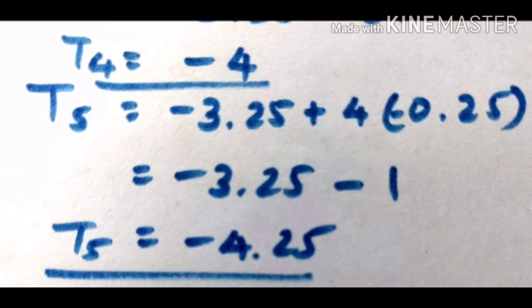So we get only 1. So term number 5 is equal to minus 4.25. So likewise in our question 2 number 4, we found the first 5 terms of this AP as minus 3.25, minus 3.50, minus 3.75, minus 4 and minus 4.25.